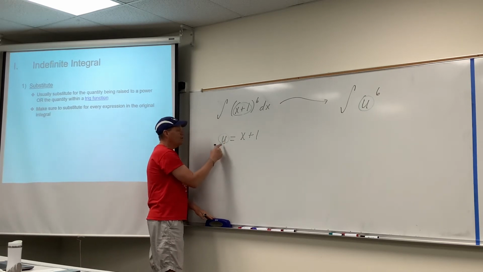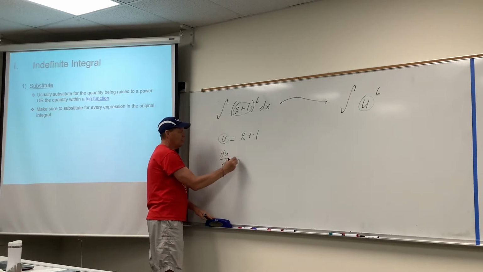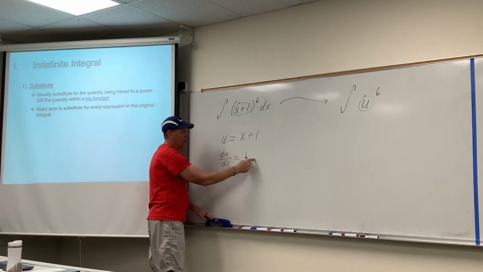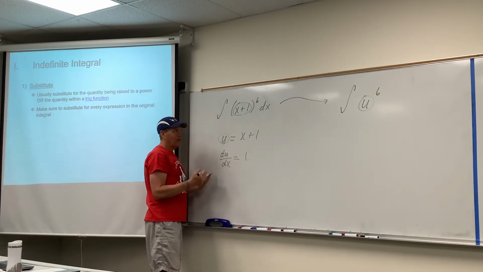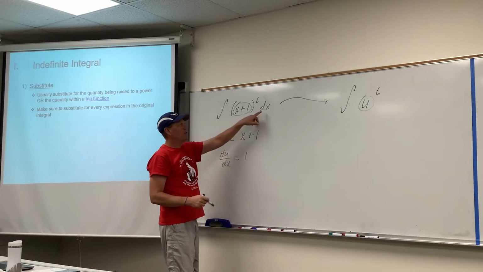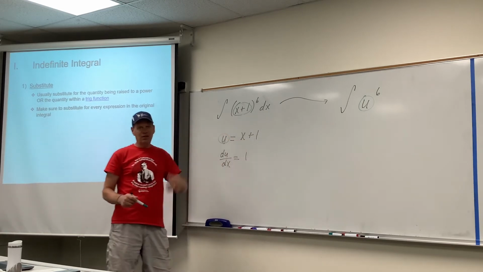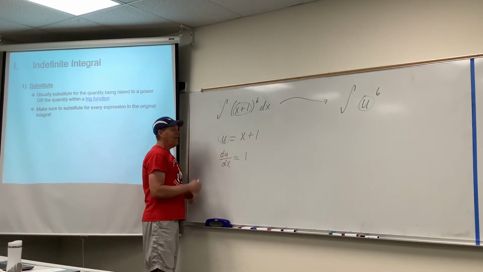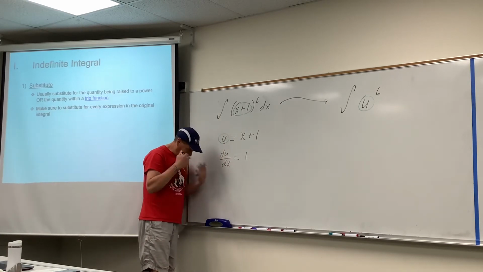So we will differentiate this with respect to x, du dx equals, well, that'd be dx dx, which is 1, plus 0. Differentiate with respect to x. We want to do that because we want to get a dx into the discussion. You'll see the pattern. So take your original substitution and differentiate both sides with respect to x.